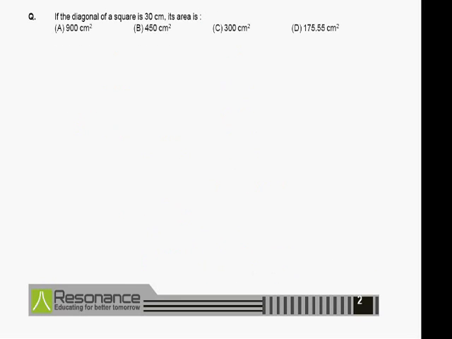In this question, we are given that the diagonal of a square is 30 centimeter and we have to find the area of that square. As we know, the diagonal of a square is root 2 times the side. Here the diagonal is 30, which is root 2 times the side.